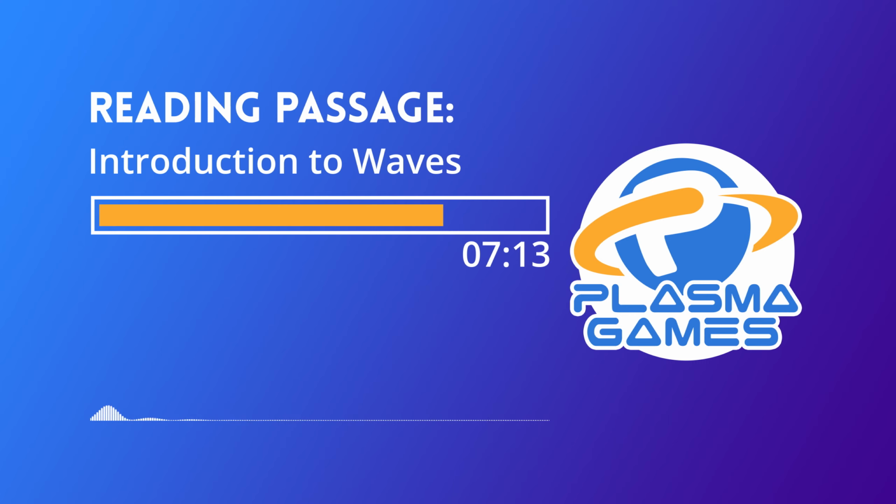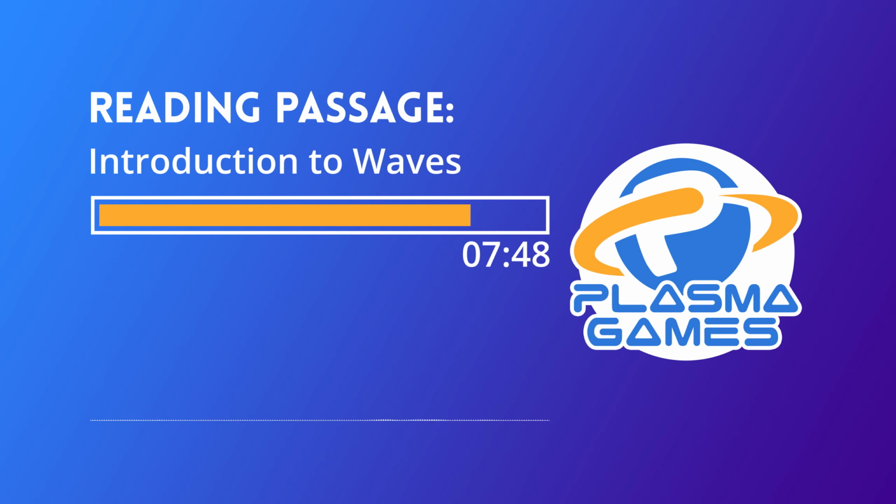Reading comprehension questions. Introduction to waves. Number 1. What does a wave transfer as it moves? Circle 1. Energy or matter. Number 2. What are the two main types of waves? Blank and blank. Number 3.